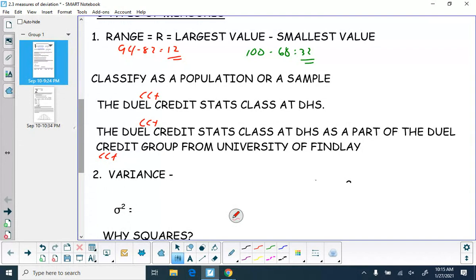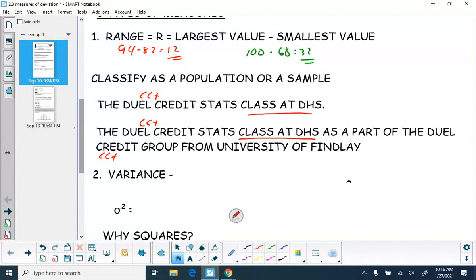Which one would be if I were to look at the classes at DHS? I'm talking about the entity of our class here at Downton High School.